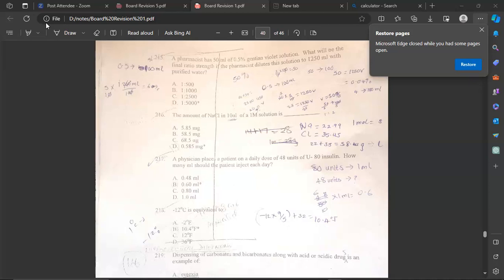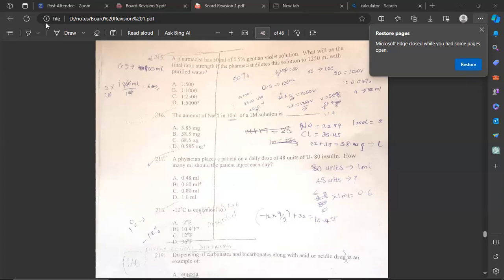Yeah, so 1 mole of sodium chloride is in 1 liter, which is a million microliters, right? So what about in 10 microliters? You do 10 divided by a million, and you get 1 times 10 to the power of -5. So 1 mole is equal to the molar mass.